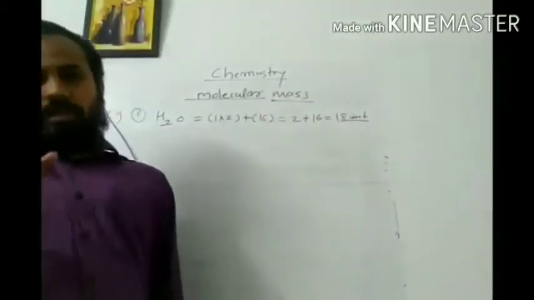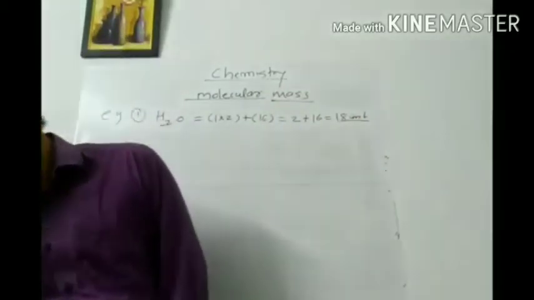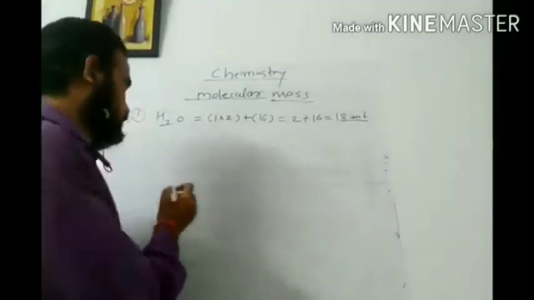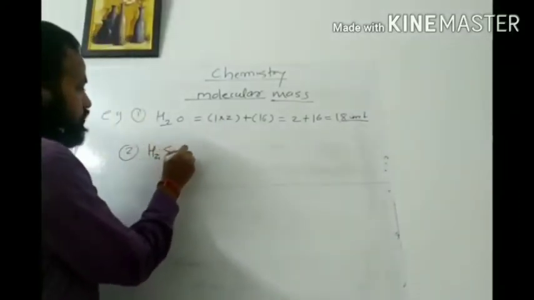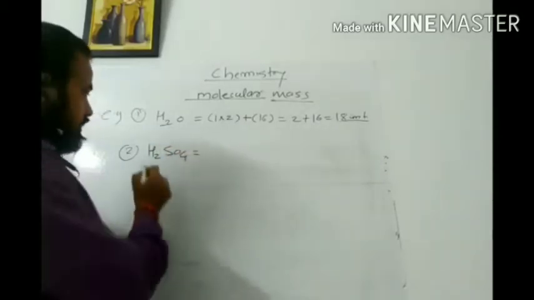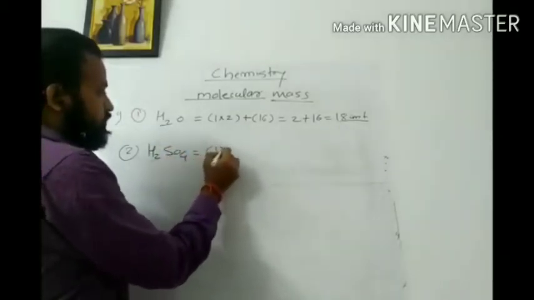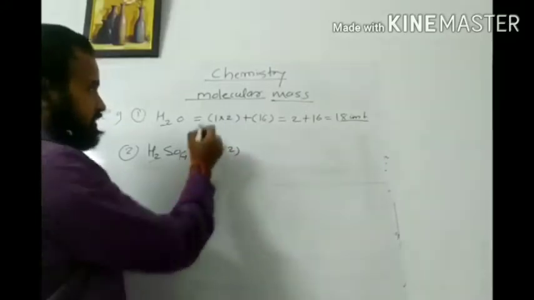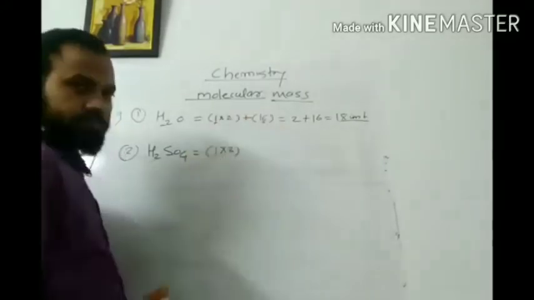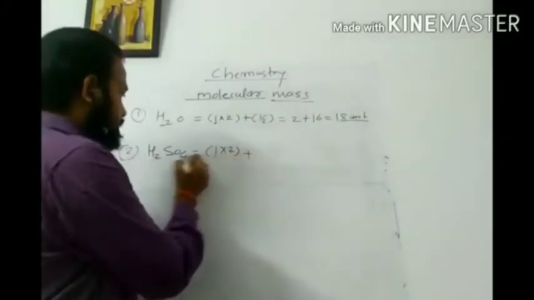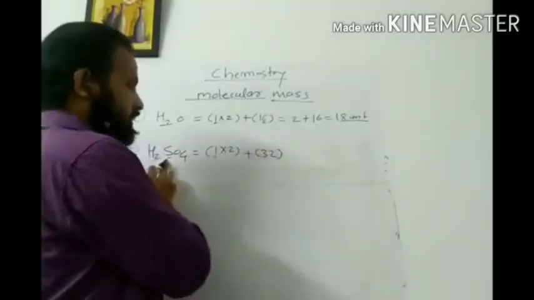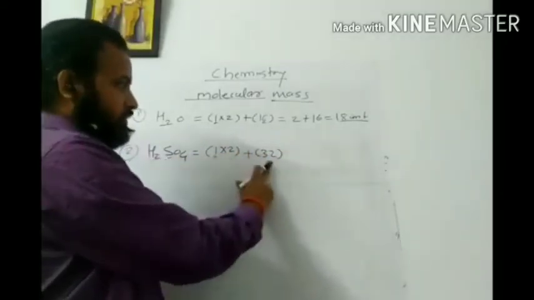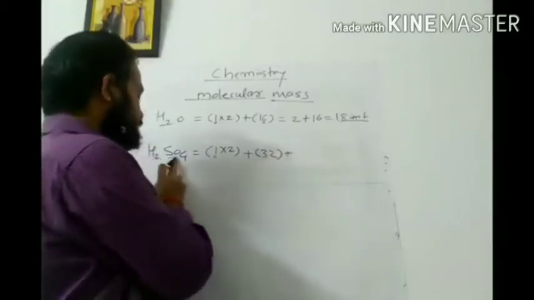Okay, so we can see one or two more examples. Let us say H2SO4, the second example. Here again, 2 atoms of hydrogen, atomic mass is 1. I am just underlining atomic mass here. Plus sulfur, atomic mass is 32, one and only atom is there, so I write here 32, plus O4.